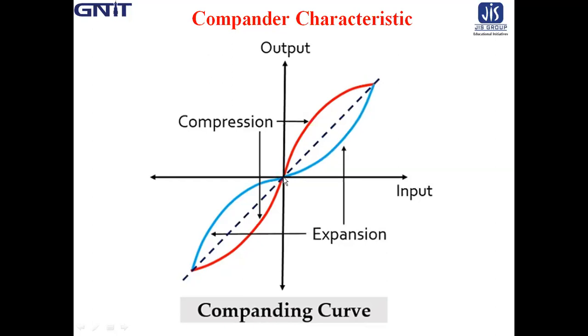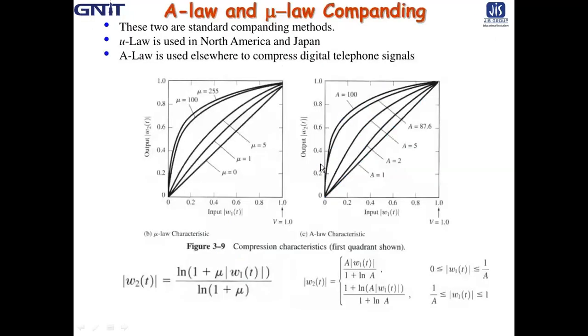Here in the second case, the compressor attenuates, then the expander amplifies. And the straight line indicates that all the boosted signals are brought back to their original amplitude. Now, different types of compressor characteristics.